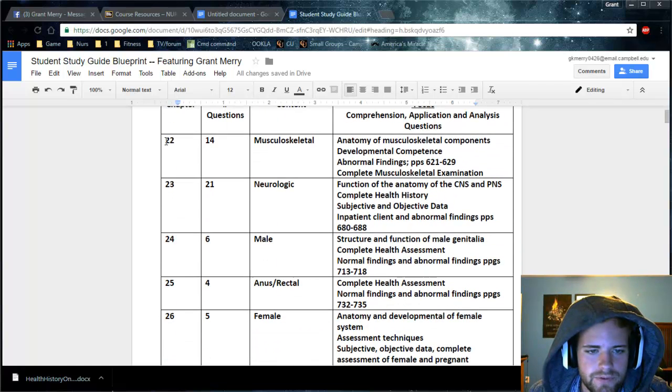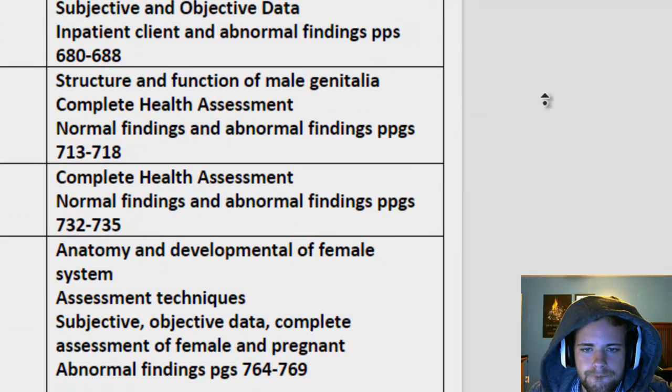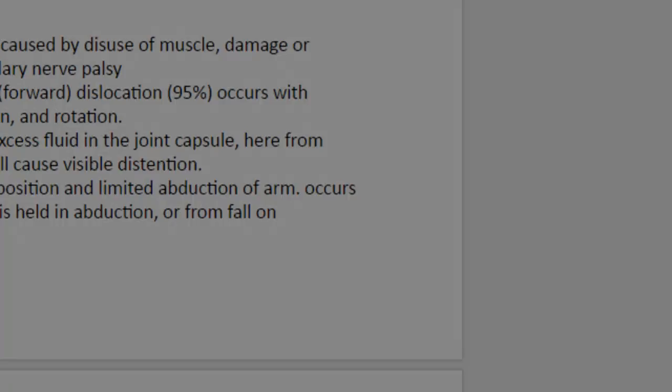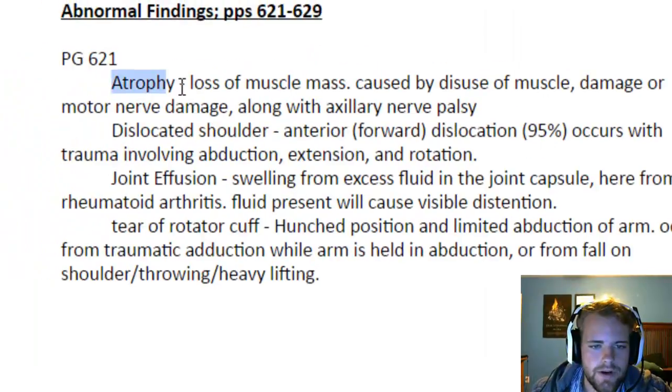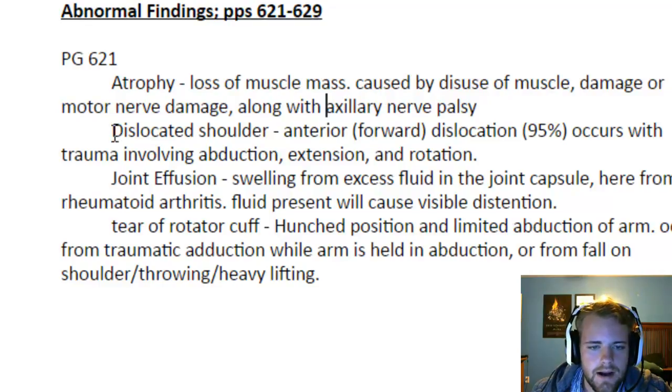So today we will go over chapter 22, abnormal findings, pages 621 to 629. On page 621, atrophy is loss of muscle mass caused by disuse of muscle, damage, or motor nerve damage, along with axillary nerve palsy.